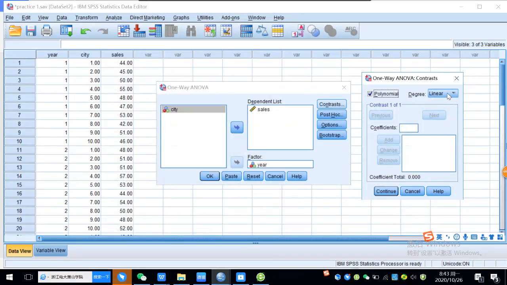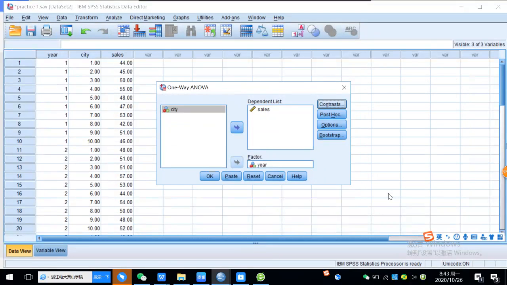Degree, linear, it will test linear. So most of the time we would like to use quadratic, because when you choose quadratic, the computer will test linear and quadratic together. Continue.